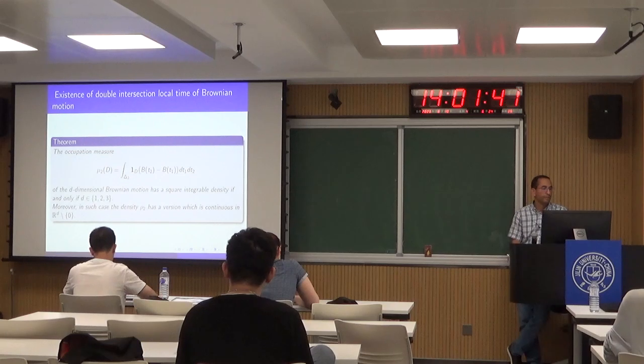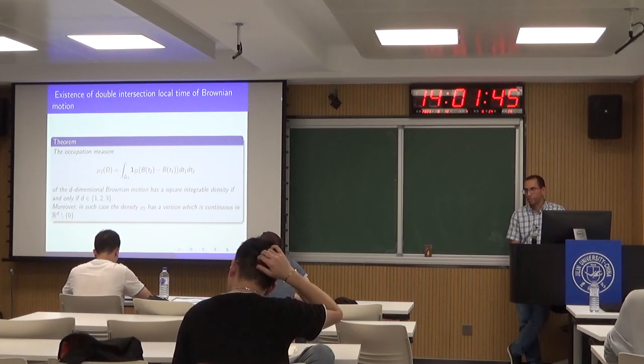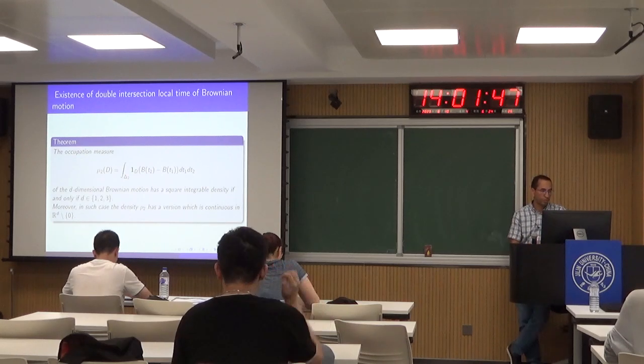Okay? It exists as a density for the occupation measure. So this occupation measure has a density, and this density is even square integrable, and it is even continuous in R^d, okay? But not at the point 0. And we have seen that it blows up around 0.